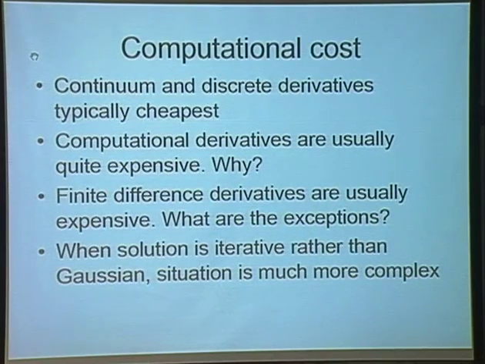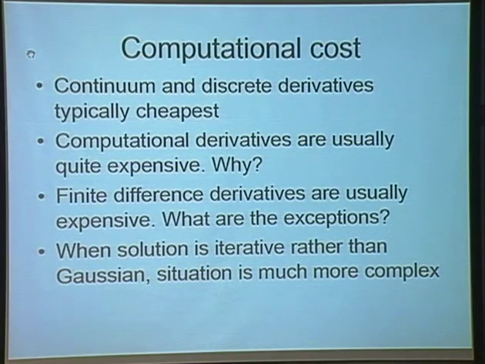Computational cost. So this is where we have the edge over people that do finite elements and people that do optimization. Continuum and discrete derivatives are cheap because of the fact that we take advantage of this Gaussian elimination.